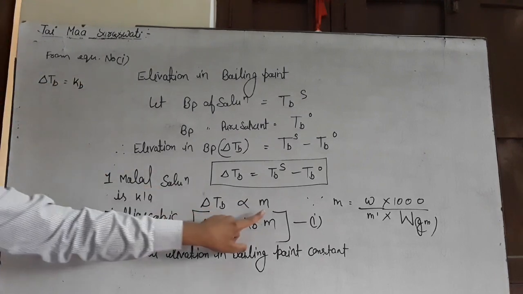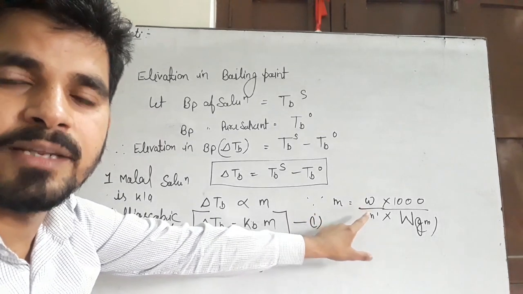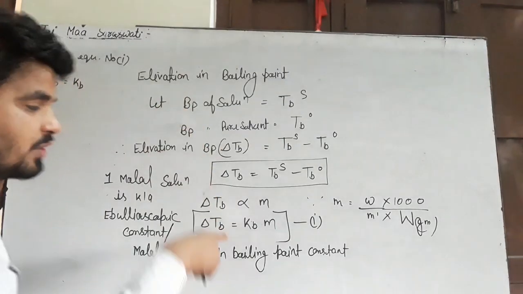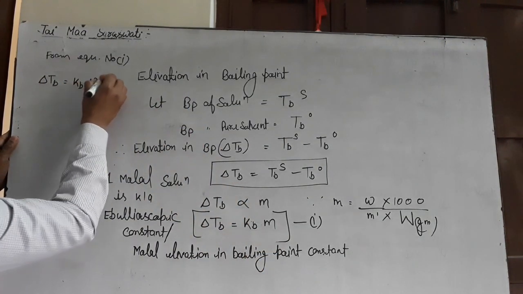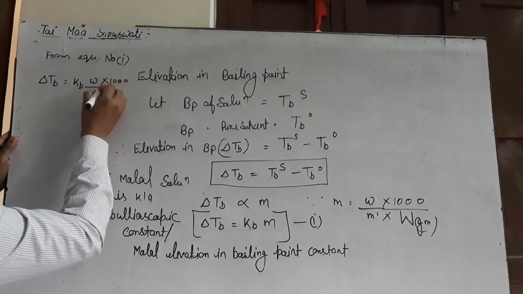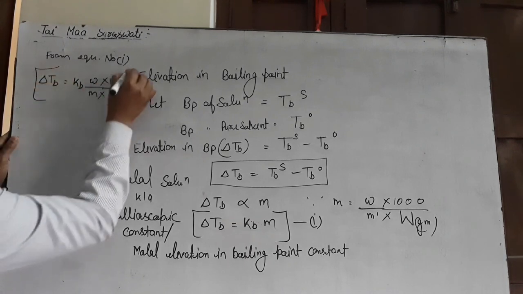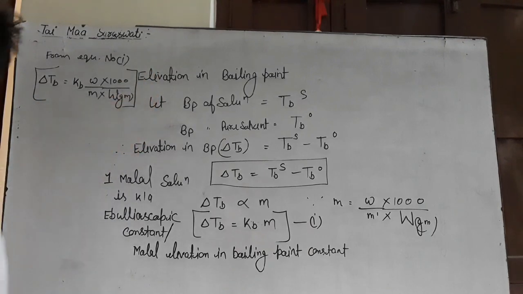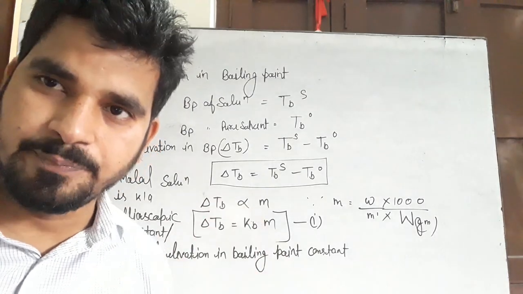In place of small m, what can we put? This value, because it is molality, ultimately to determine the molar mass of the solute. After putting w by M into 1000 by capital W in gram, this is one of the final relations to determine the molar mass of the solute.